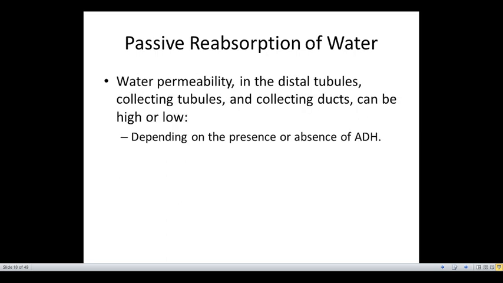However, water permeability in the distal tubules, collecting tubules, and collecting ducts can be high or low depending on the presence or absence of antidiuretic hormone.